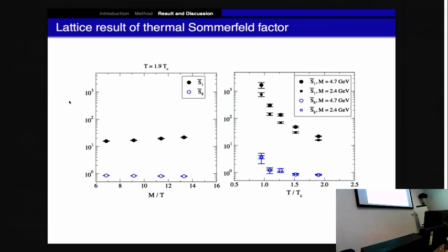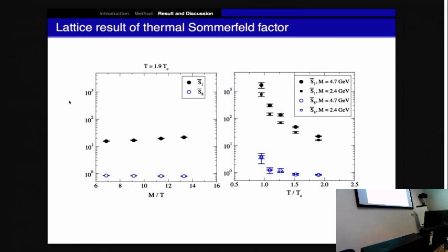The left panel is the mass dependence of that result. There are two masses, one for the bottomonium and a somewhat heavier charm, and one can see that the mass dependence is quite small. So the surprising result is that you have a huge enhancement, not just a factor of 10, it's 100 or so.